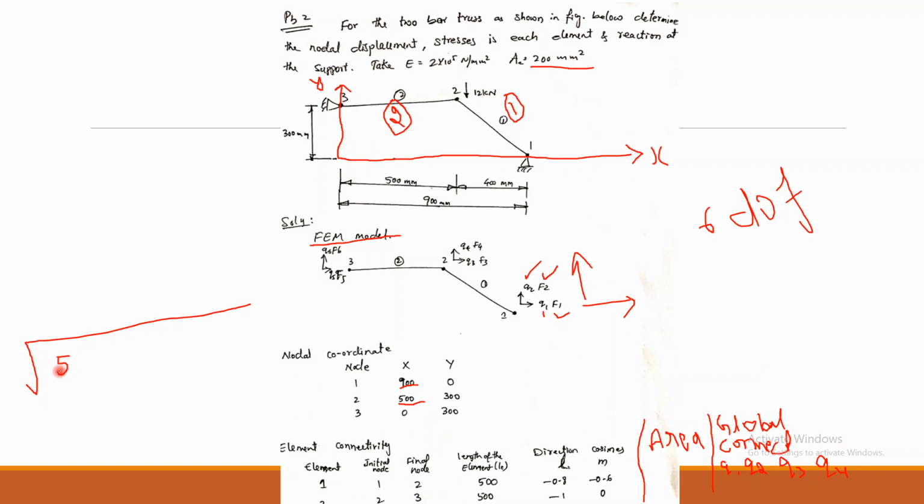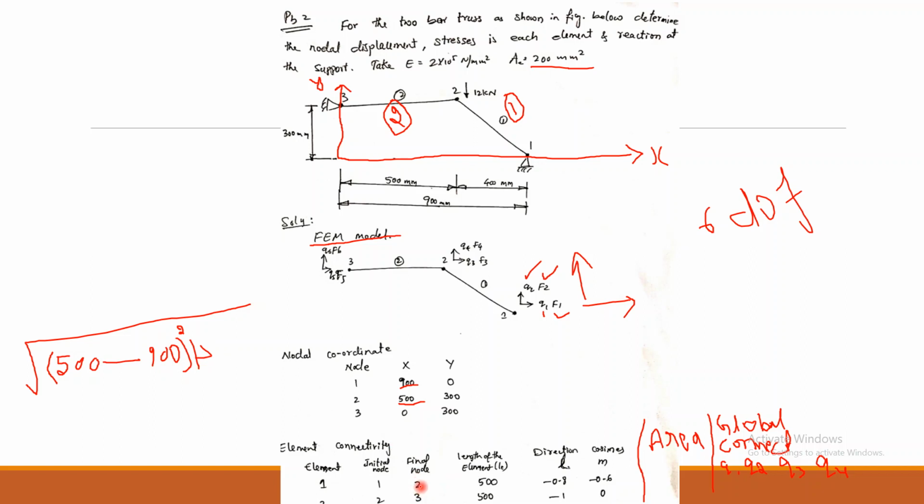The square root of (500 minus 900) whole square plus (y final minus y initial) whole square.